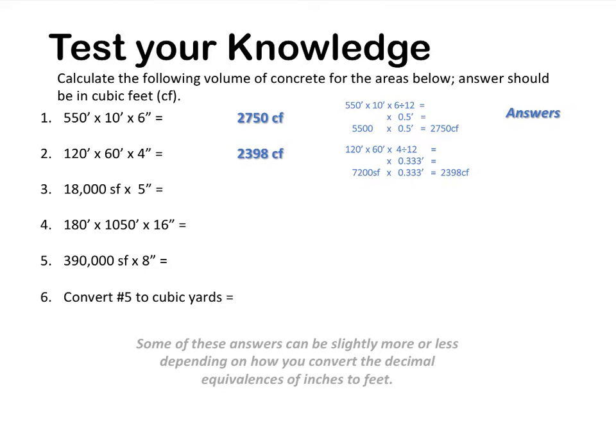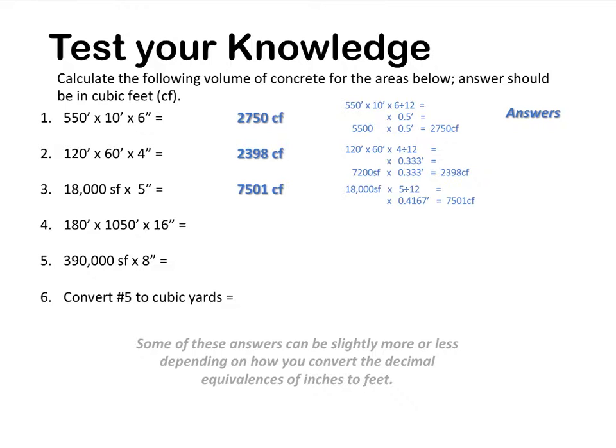Number 2, 120 times 60 gives you 7,200 square feet times 4 inches thick. Take the 4 divided by 12 gives you 0.333. Multiply 7,200 square feet times 0.333 feet, and you get 2,398 cubic feet.